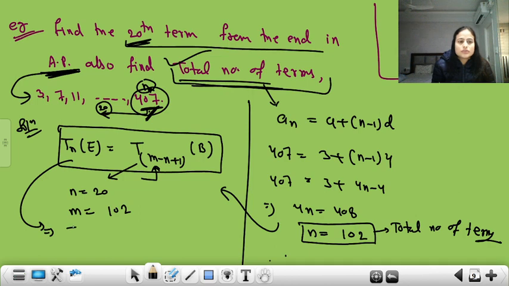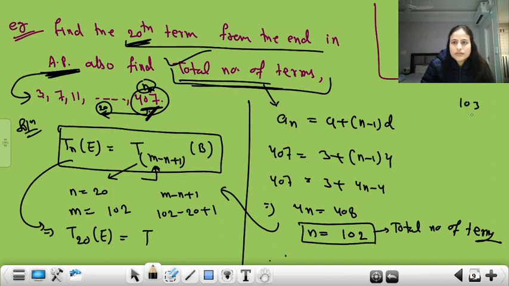The 20th term from the end will be the same as the (m minus n plus 1)th term from the beginning, that is 102 minus 20 plus 1. So it is nothing but 103 minus 20, that is 83, the 83rd term from the beginning, right?